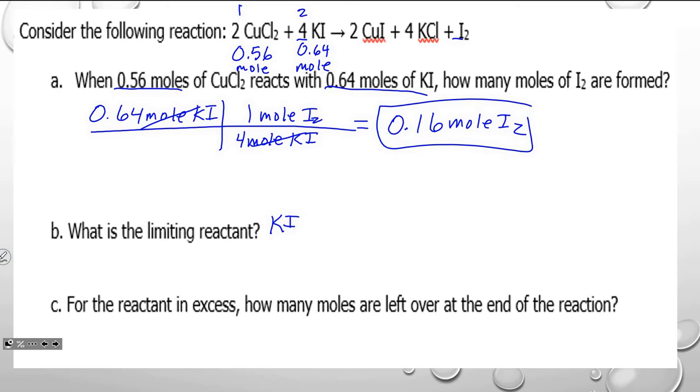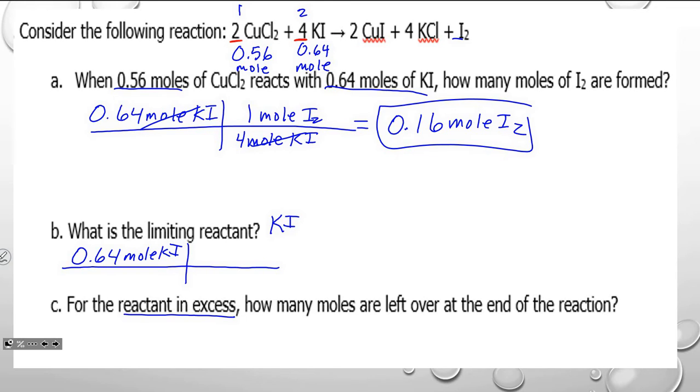Then this bottom one here, how much do you have in excess? I still am going to start with my 0.64 moles of KI because I want to know how much of the copper chloride I used. So this time I'm going to be using this and this to be able to go back and forth.